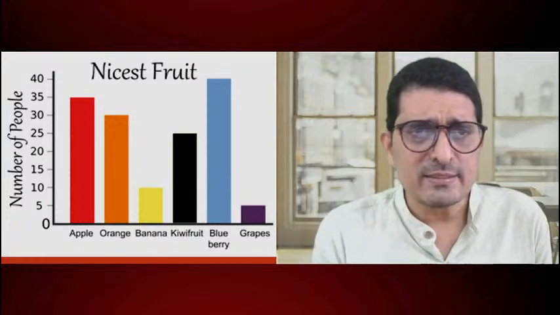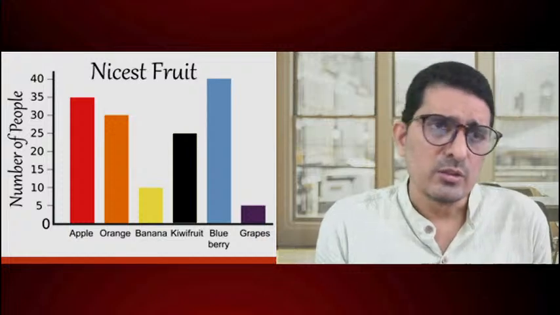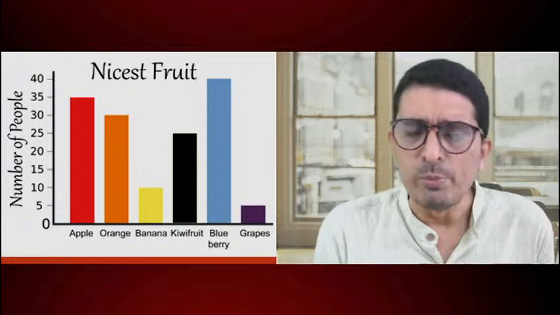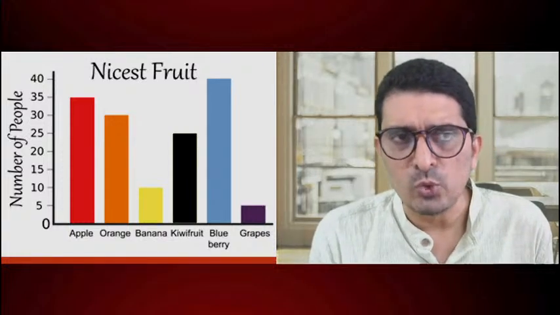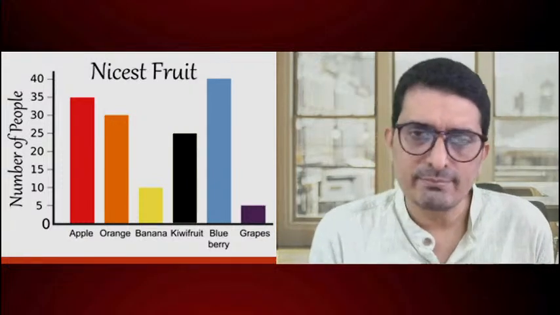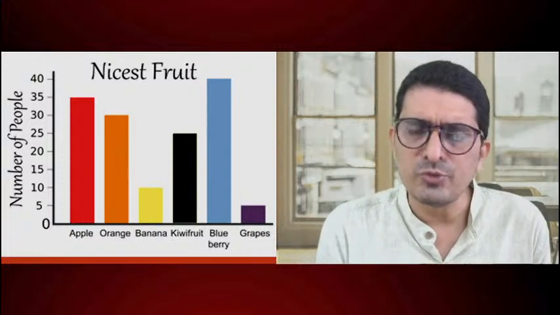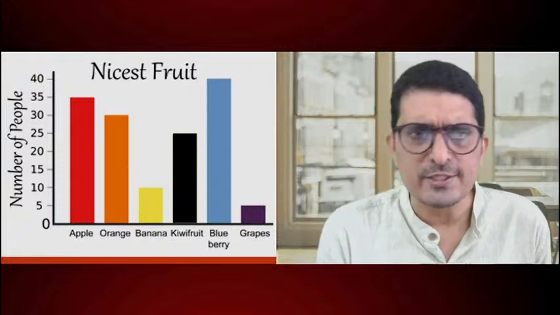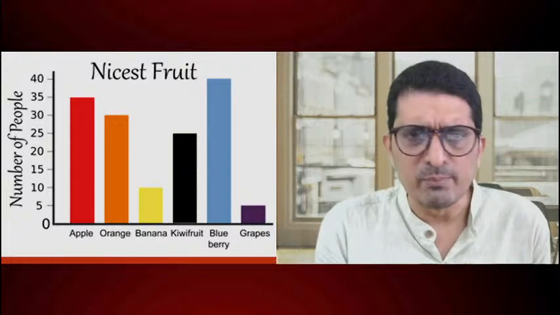If you look at the bar graph, you will see that 40 people like blueberry, while apple is the favorite fruit for 35 people, and grapes is the favorite fruit for only 5 people. So just by looking at this graphical representation, this bar graph, a person can get more information.